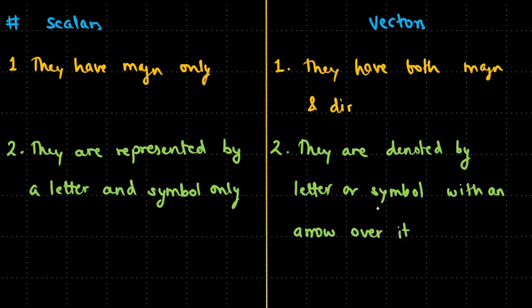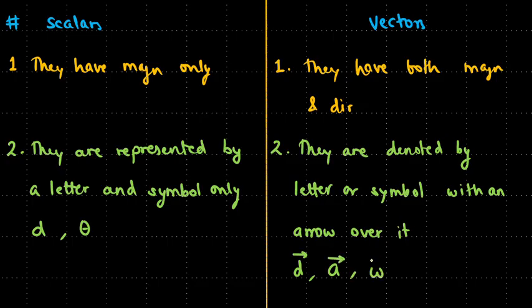So let's just take some examples. If I represent d by distance, then d with an arrow over it would be displacement. But it does not mean that everything can be represented like this. For example, angle is just represented by theta, which will be the symbol. But let's say some other thing, let's say acceleration, it will be a with an arrow over it.